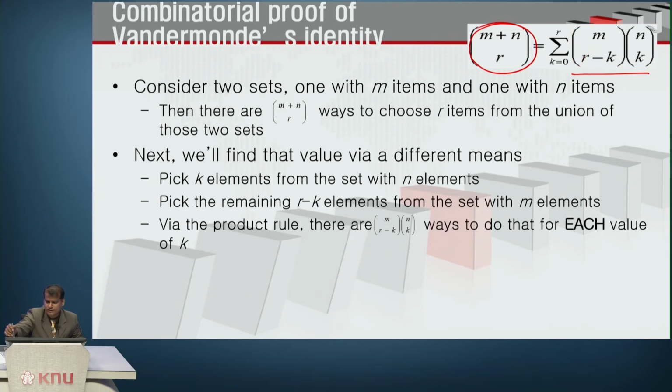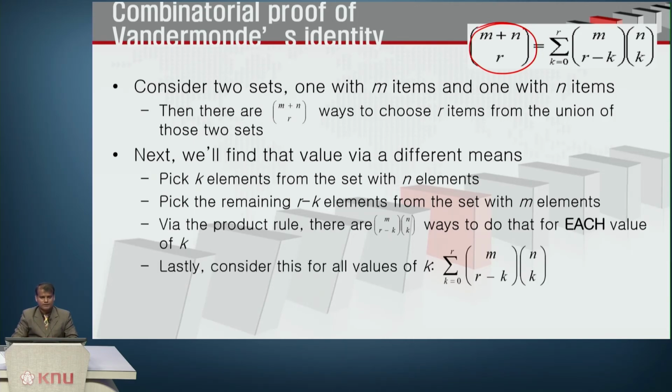So once you pick k, we have r minus k elements remaining. r minus k elements are chosen from m elements, and initially k elements are chosen from n elements. That's the basic thought. And via the product rule, you can consider this case, and then finally you have this definition fulfilled.